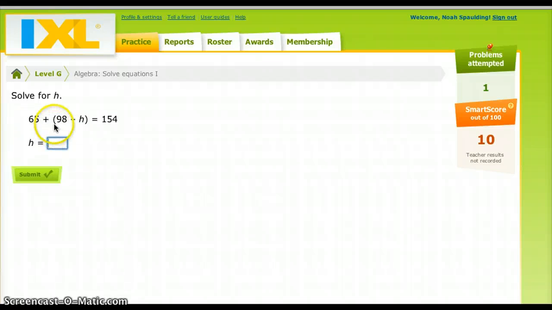Then it's going to leave us 98 minus h is equal to 89. Subtract 98 from both sides, so we have 89 minus 98, which would be negative 9. Negative h is equal to negative 9, multiplied by negative 1, so that's going to give us 9.